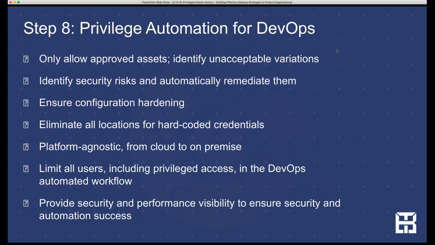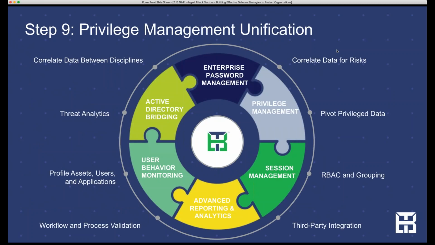Step number 9, unification. Now, I covered the privileged access space in detail, but the unification story is key. None of these can operate as an island. There are many vendors in this marketplace, and rightfully so, including BeyondTrust, that do these tools, do these things. Some of them have solutions that are standalone, some of them have solutions that are integrated, and some of them do it all as a platform.